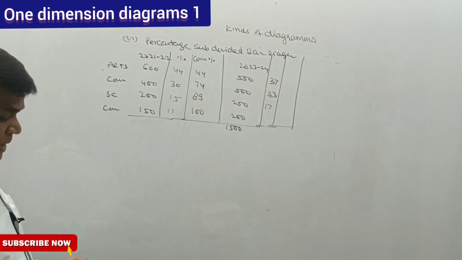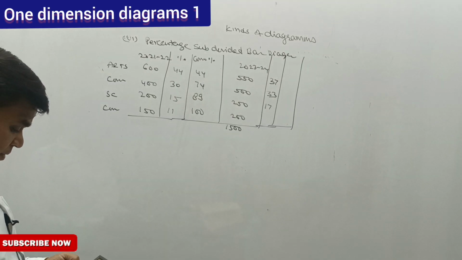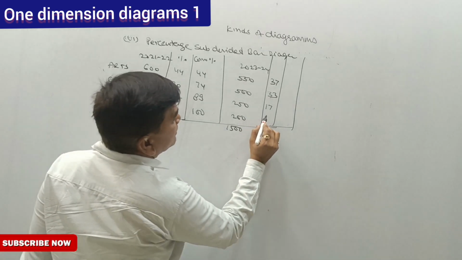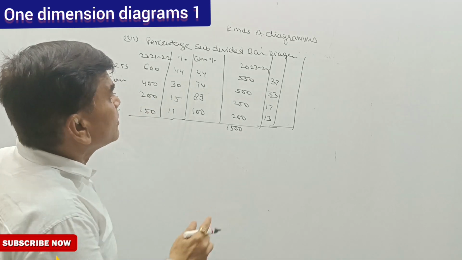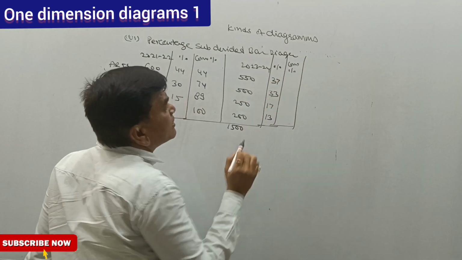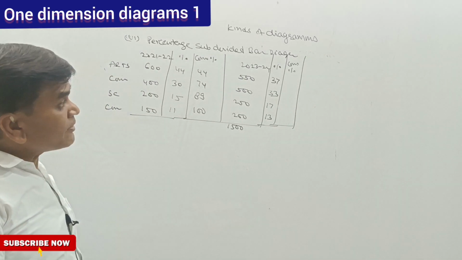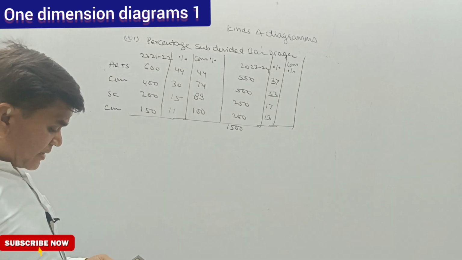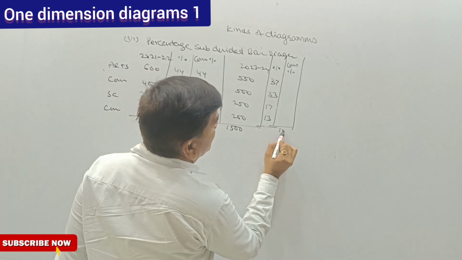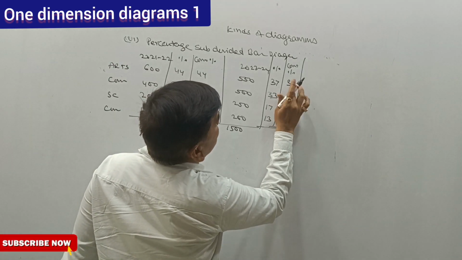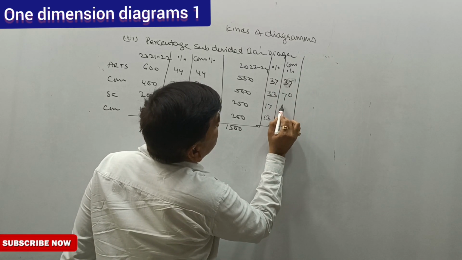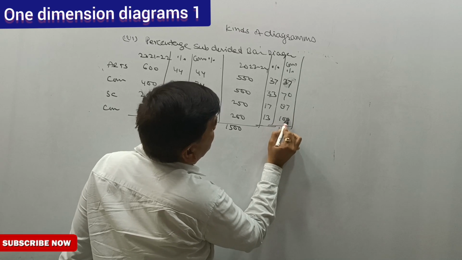So 37 plus 33 plus 17, and the last one is 13%. So this is the percentage. Cumulative percentage is 37, 70, 87, 100.